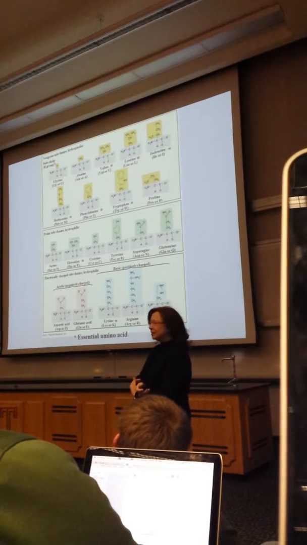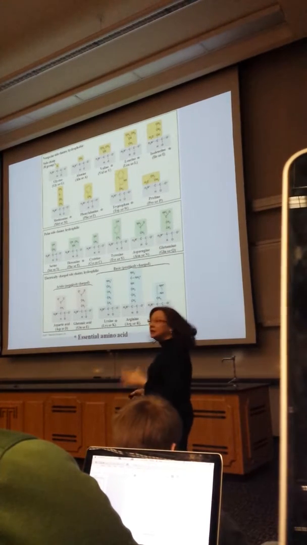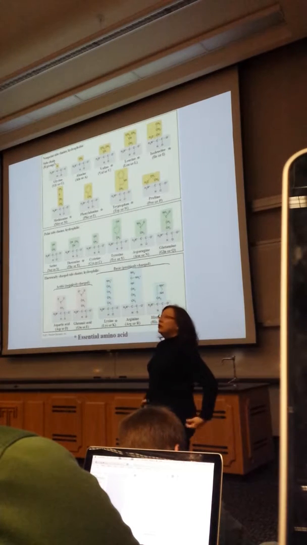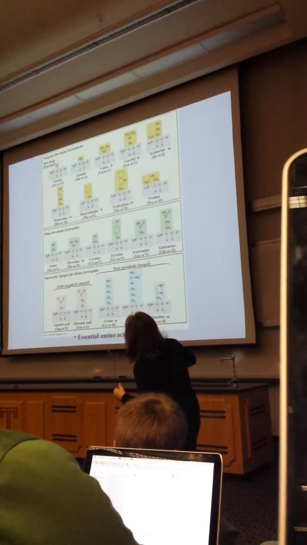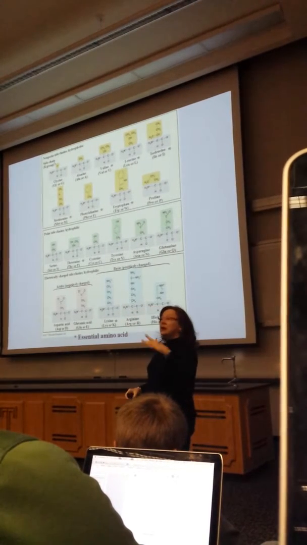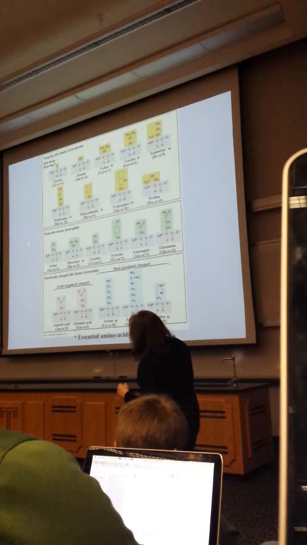Absolutely not. That's what you need to know. You're not going to memorize structures, but you're certainly going to understand the types of chemical reactivity that the R groups can undergo.